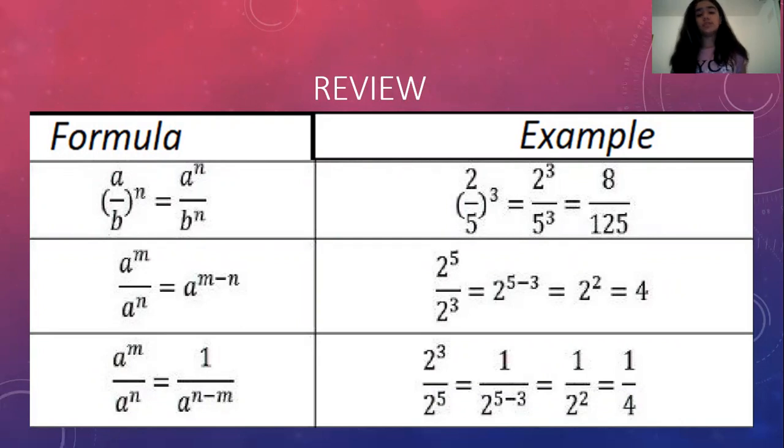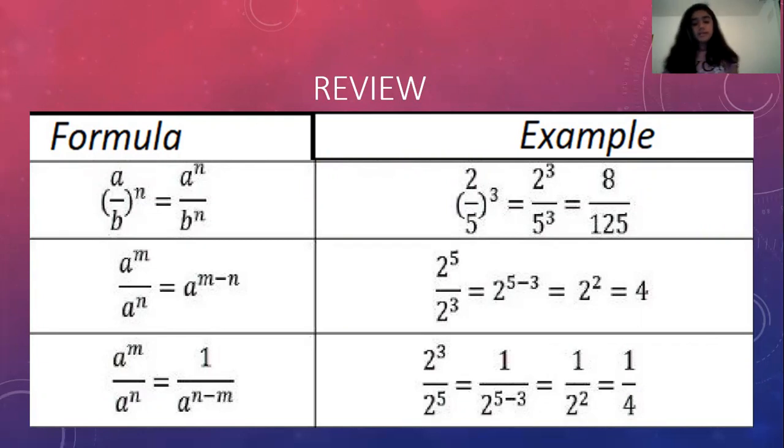This formula is really important, guys, because you can't really use this formula for numbers like 2 divided by 5 in the first example, because a needs to be the same. For example, if the example is 2 to the 5th power divided by 2 to the 3rd power, you consider the bases of the exponents are the same, and that's why we can use it.